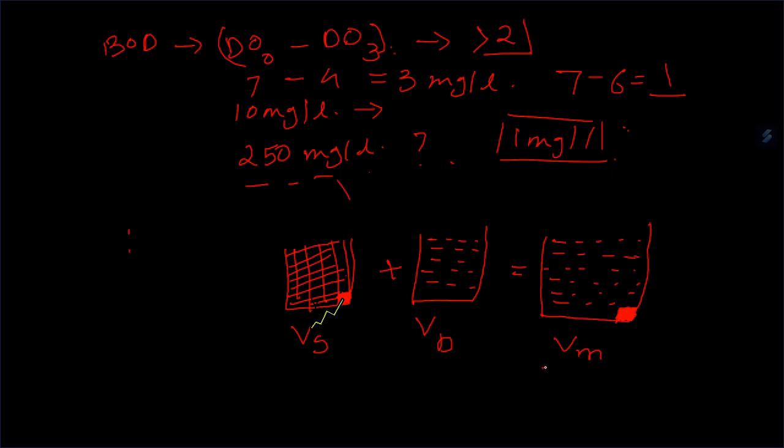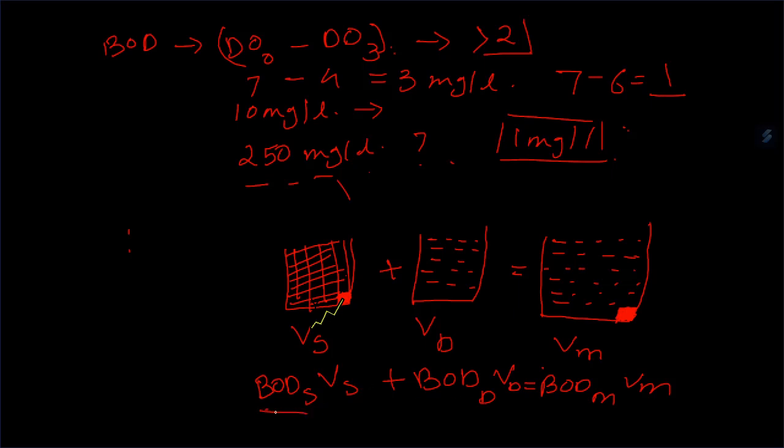Here I am calling the concentration of oxygen BOD M. So BOD M is a concentration, in terms of milligram per liter, into Vm, which should be equal to BODS into Vs plus BODD into Vd. So here I am just taking a mass balance. I am not doing anything other than that.